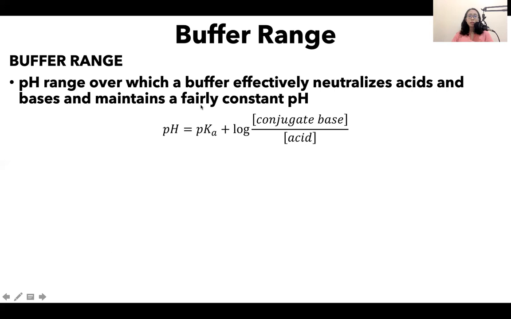How do we determine the buffer range for a certain buffer solution? We go back to our Henderson-Hasselbalch equation and recall the diagram I showed in a previous video of how a buffer system works.